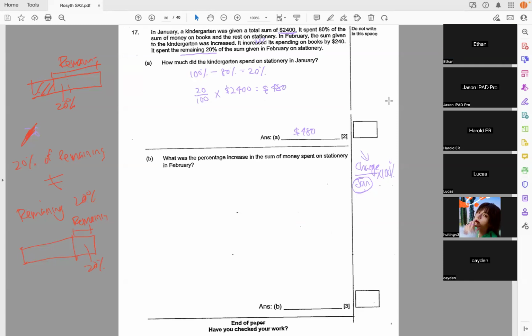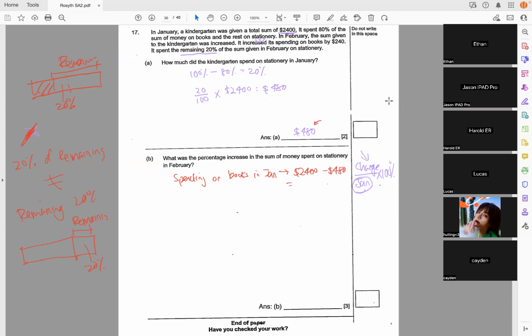Okay, now let's go back to the question. It says that the remaining 20% on stationery means 80% has been spent on books in February. Let's look at how much you spent on books in January. Spending on books in January is the total amount minus what is spent on stationery.